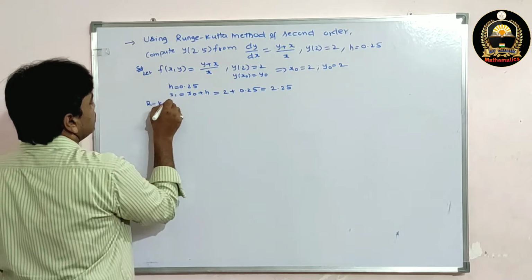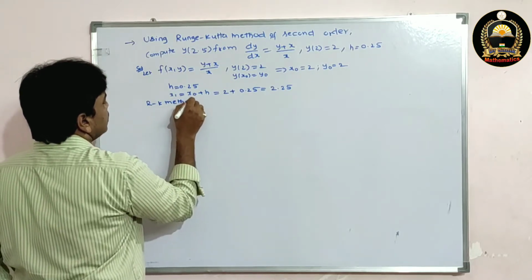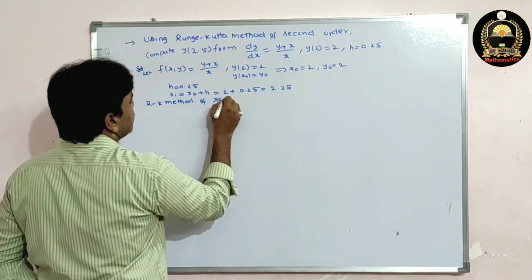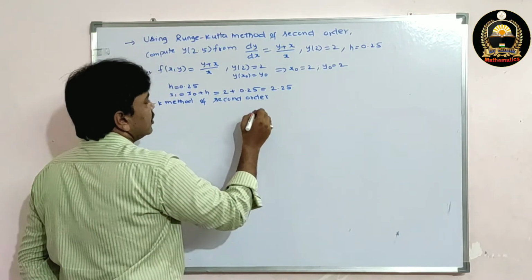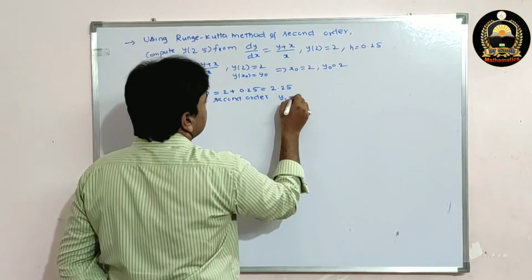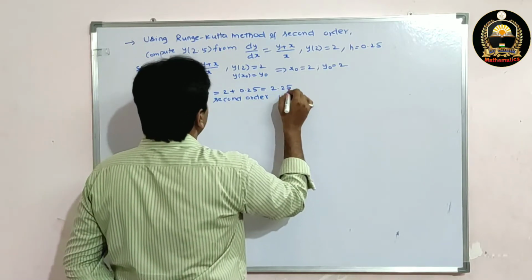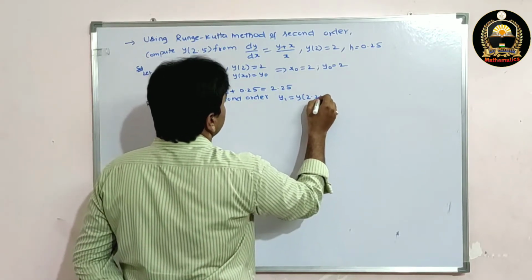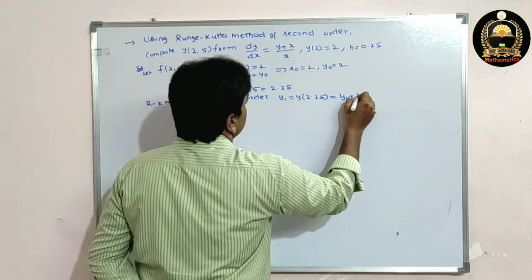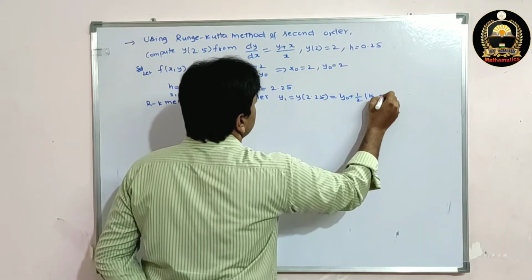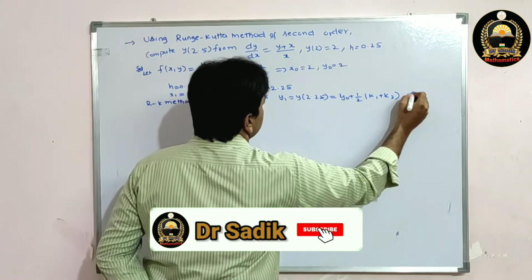RK method of second order. What is the formula, students? y1, which means y at 2.25, is equal to y0 plus 1/2 into (k1 plus k2). Say this is 1, students.